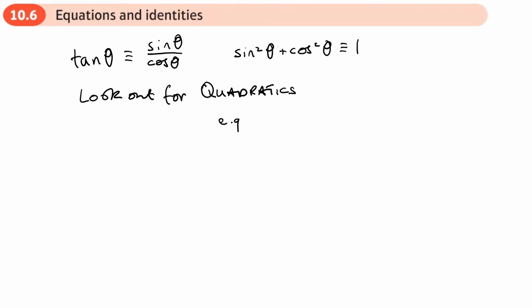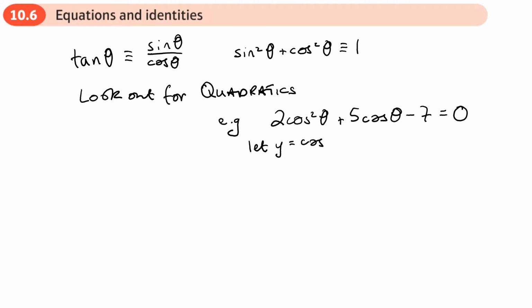E.g. you might have something like 2 cos squared theta plus 5 cos theta minus 7 equals 0. I'm not saying that's going to solve, but what we might do is let y equal cos theta. So we end up with 2y squared plus 5y minus 7 equals 0.